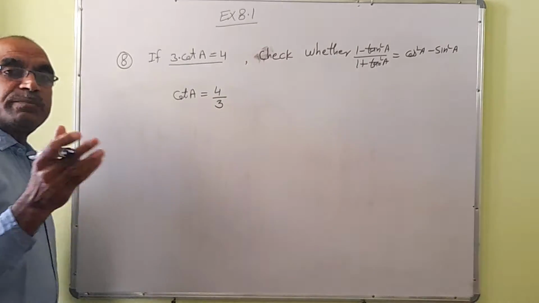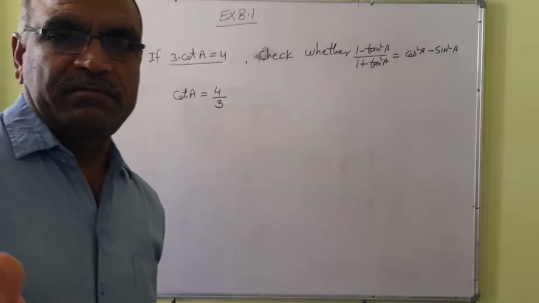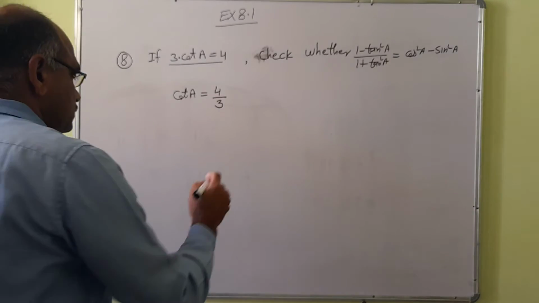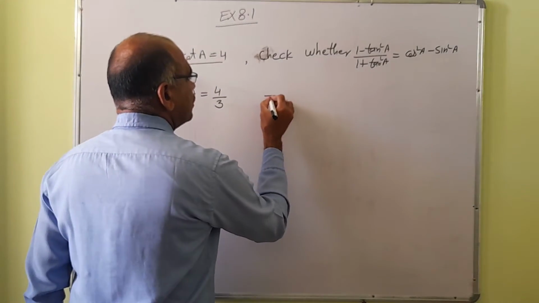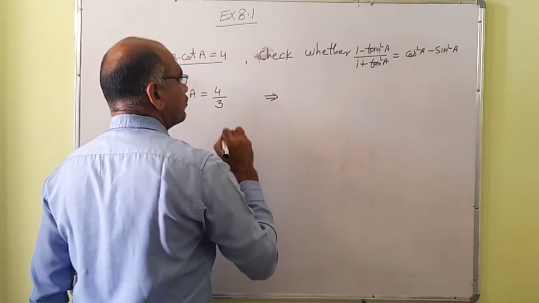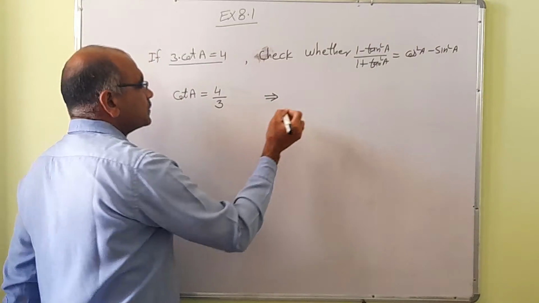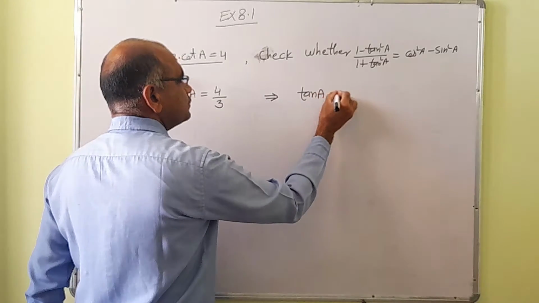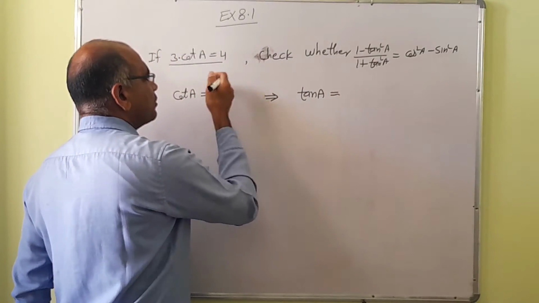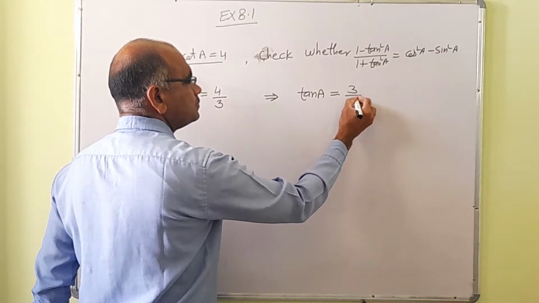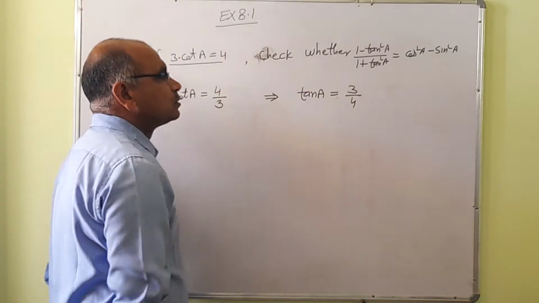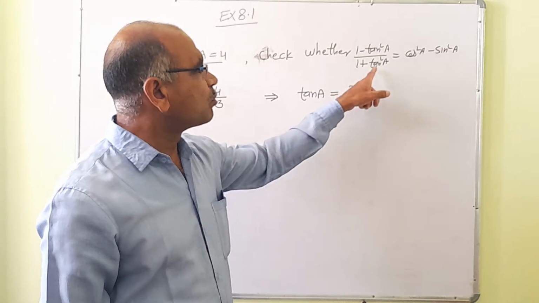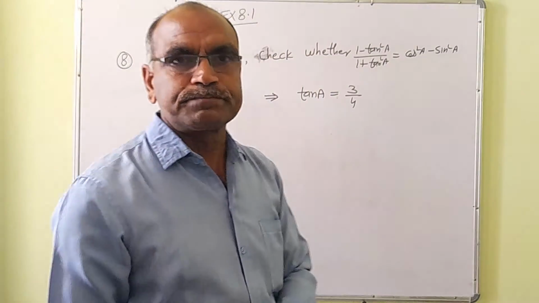Cot is reciprocal of tan and tan is reciprocal of cot. So you can find here value of tan directly. Value of tan is tan A equals to 3 upon 4. So you can find here 1 minus tan square A upon 1 plus tan square A directly.